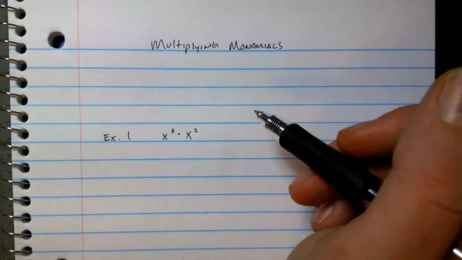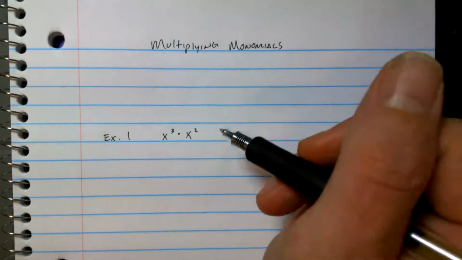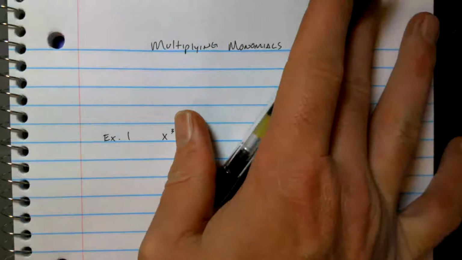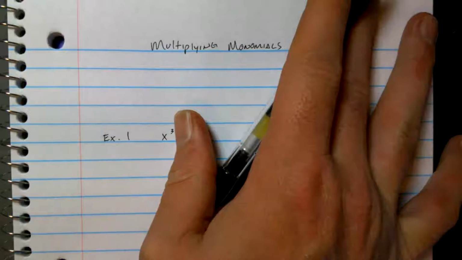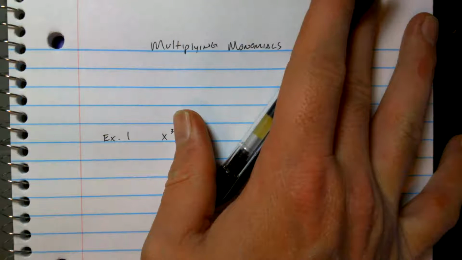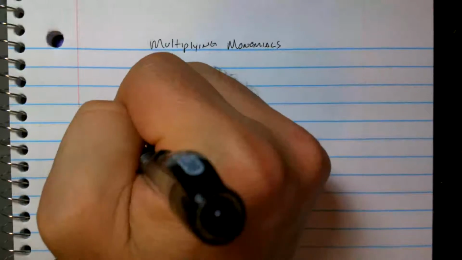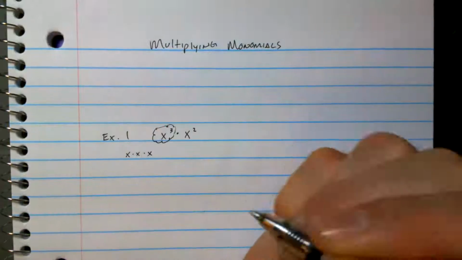And what you have to think about is, what is really going on here? Well, ignoring that we have that operation, just think about what does x to the third mean? Well, x to the third is x times x times x.